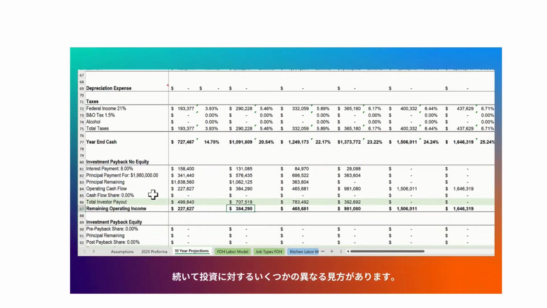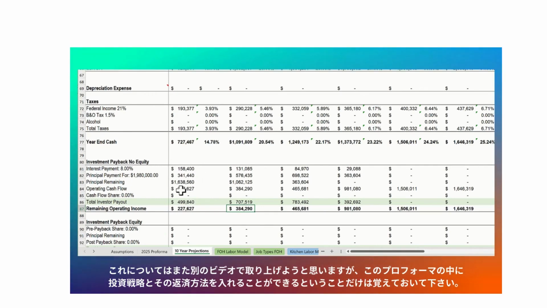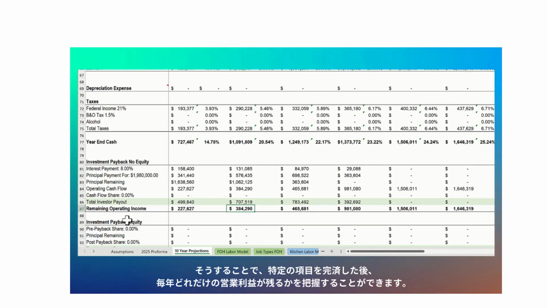Then down here, we have several different ways to look at investments. And I think we'll cover that in a different video, but just know that you can put in your investment strategy and how to pay that back inside your Proforma so that you can understand how much remaining operating income you have each year after you've paid off a specific loan.